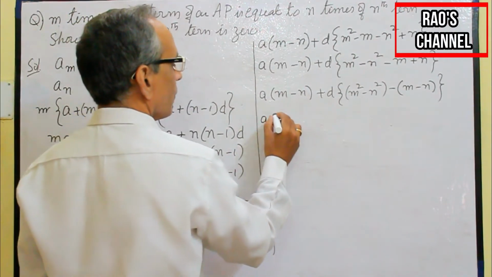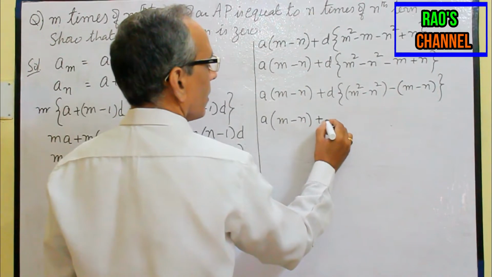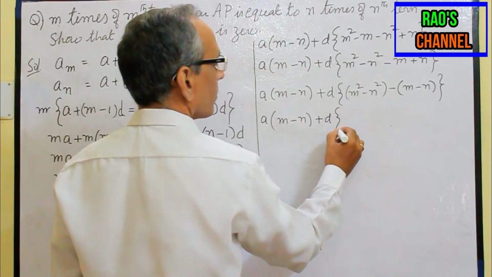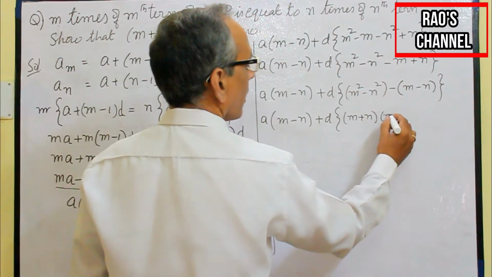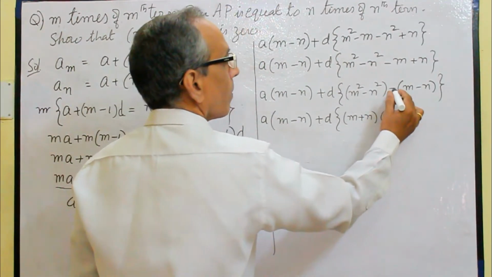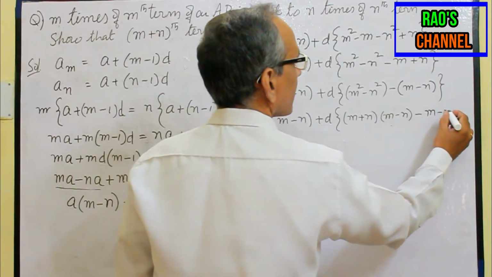So A(m minus n) plus d times ((m plus n)(m minus n) minus (m minus n)).